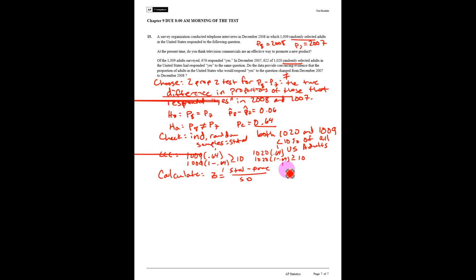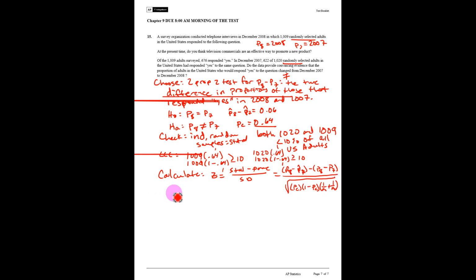In this case, just to illustrate it, it's p hat 1 minus p hat 2 minus p, oh, sorry, this was 8 and 7, over the square root of p combined times 1 minus p combined times 1 over n1 plus 1 over n2.